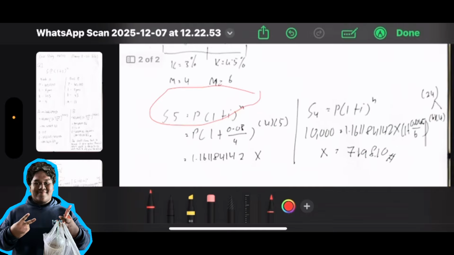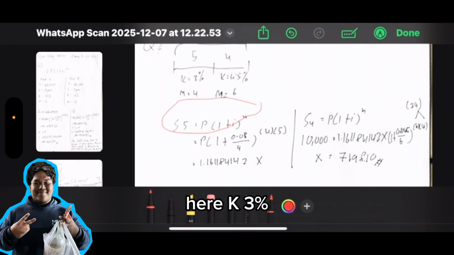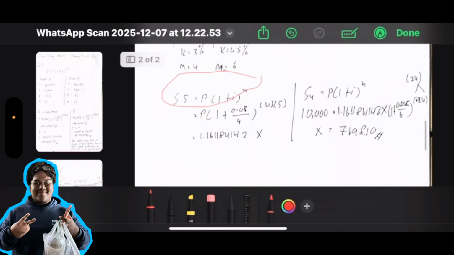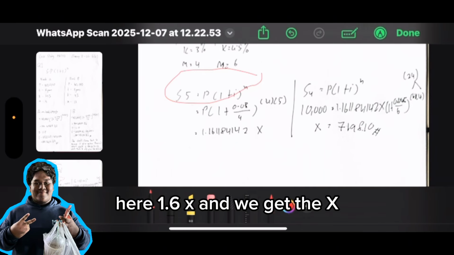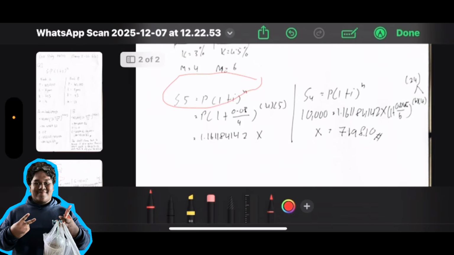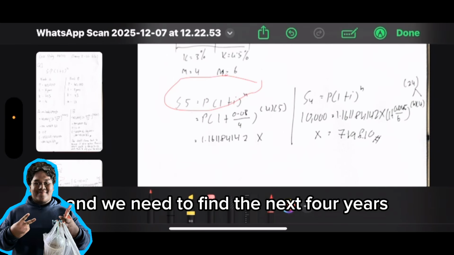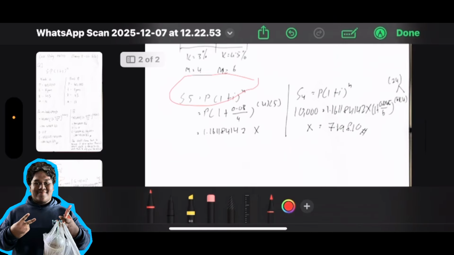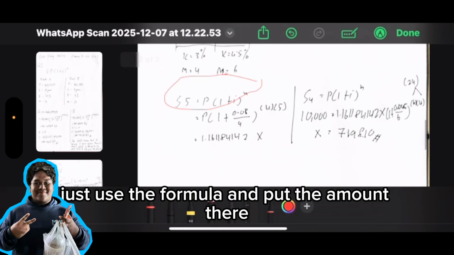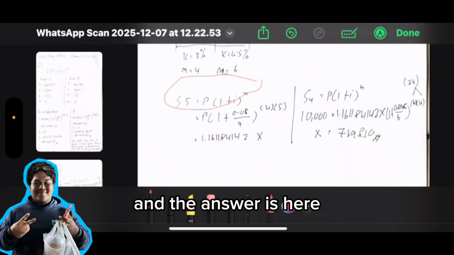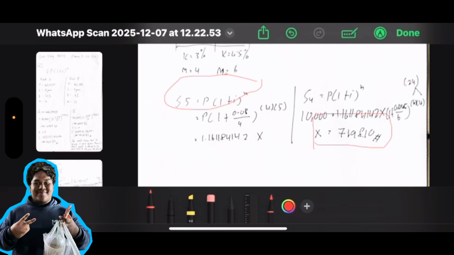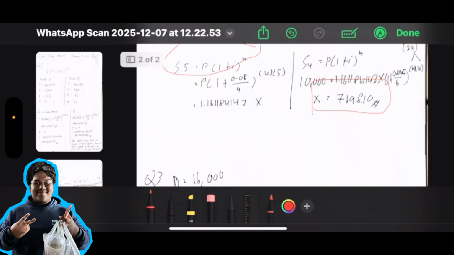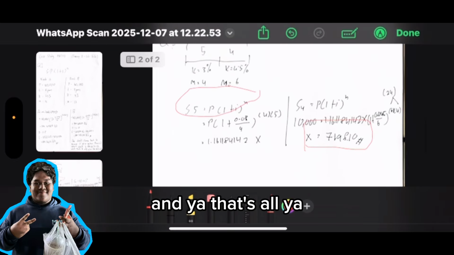We put k 3% and 4, n is 4 times m, power here 1.6 x, and we get the x. Then we need to find the next 4 years, just use the formula and put the amount there, and the answer is the amount that he deposited. And yeah, that's all.